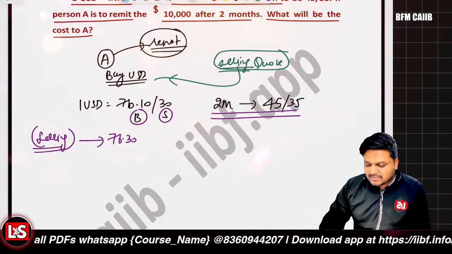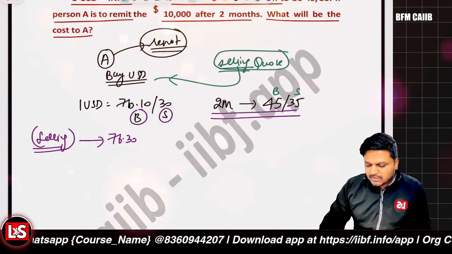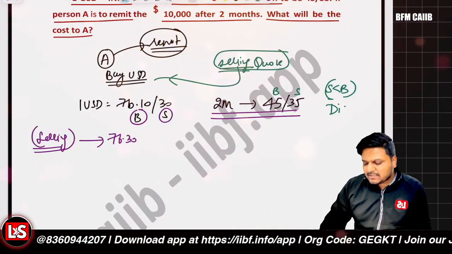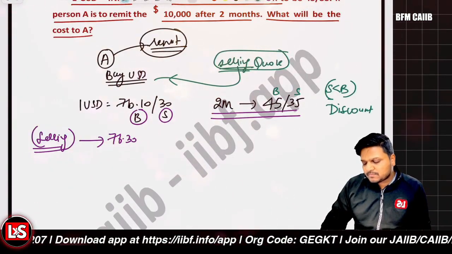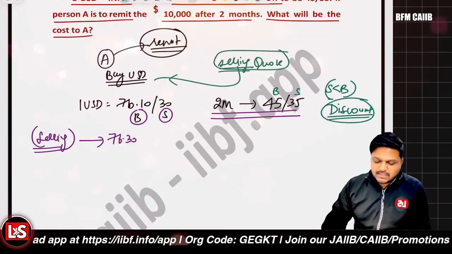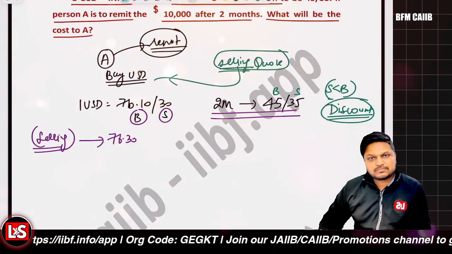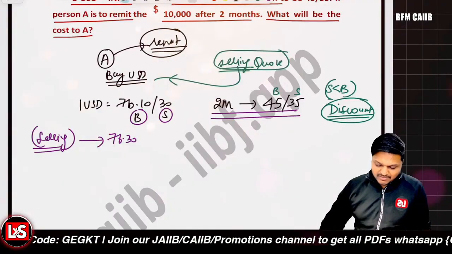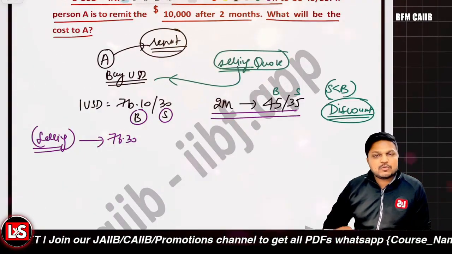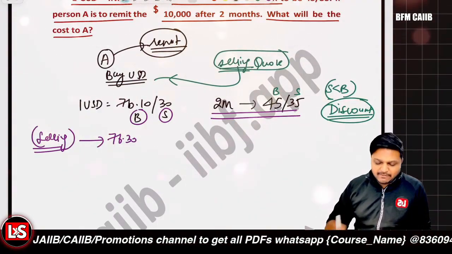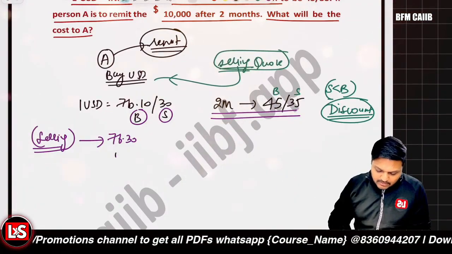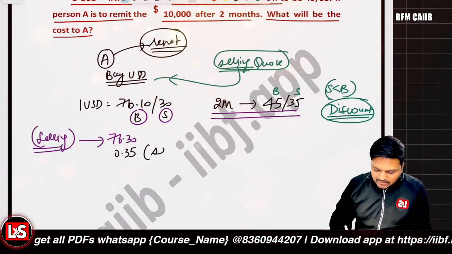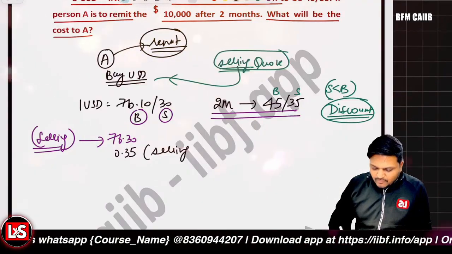Or simply we can say the selling forward points are lesser than the buying forward points, meaning the currency is available at a discount after a period of 2 months. And when the currency is available at a discount, the forward points are to be subtracted. Which forward points? The selling forward points. So 0.35, these are the selling forward points.